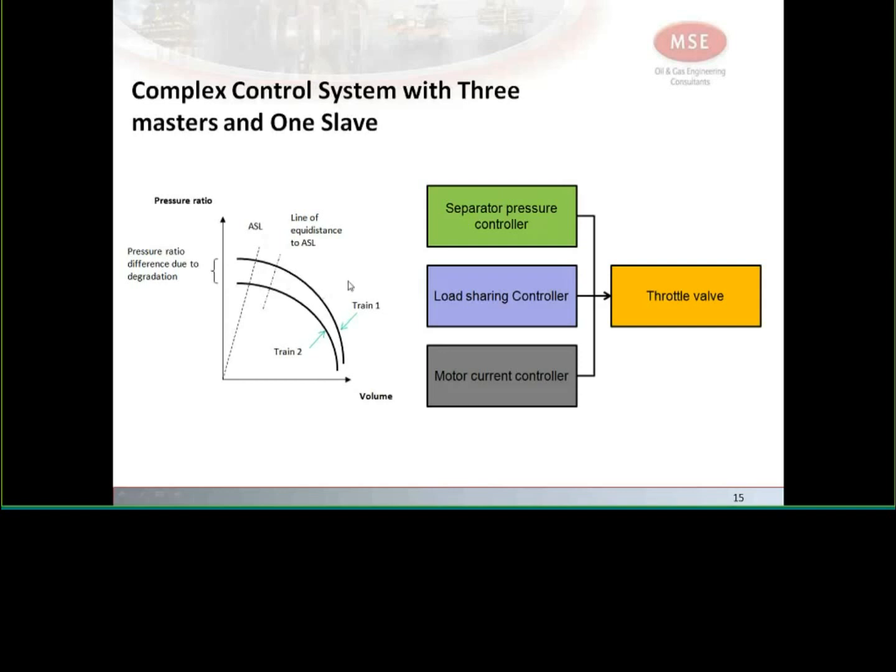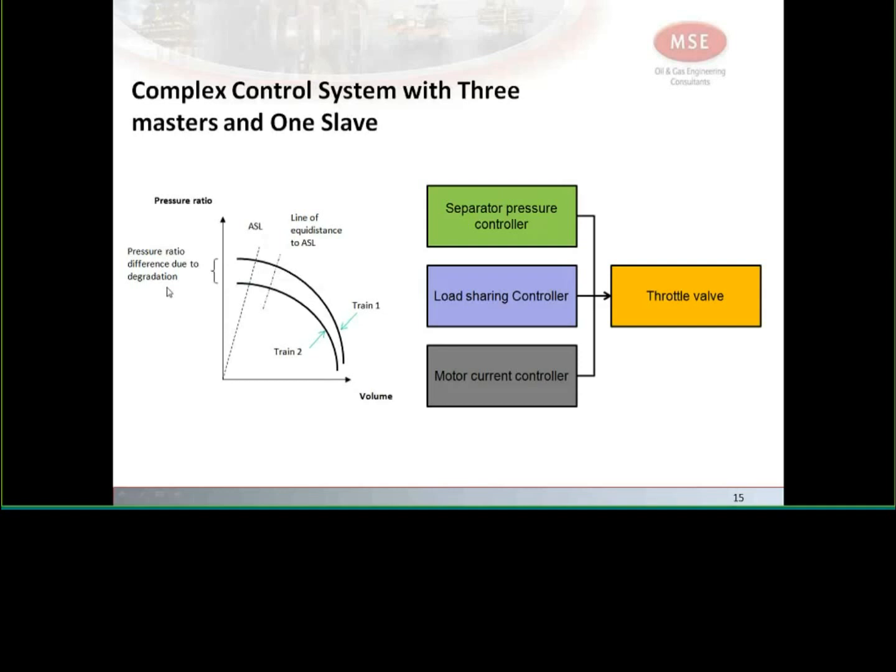But if you have dissimilar performance for both trains, then even though you have the same distance from the operating point to the anti-surge line, you would actually obtain a different pressure ratio across the compressor train.